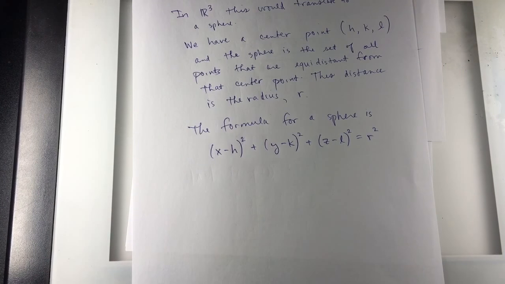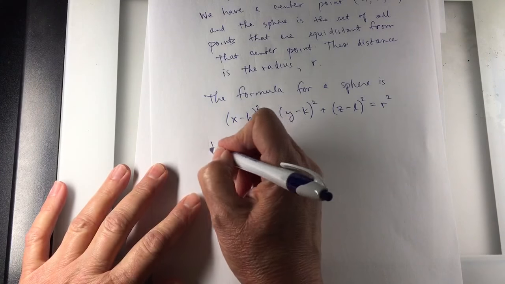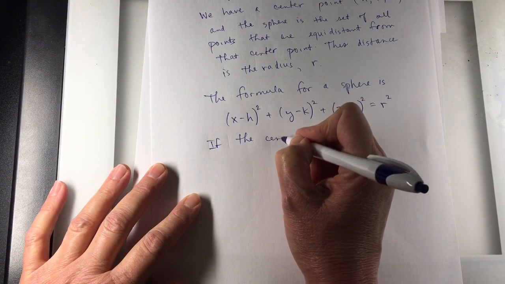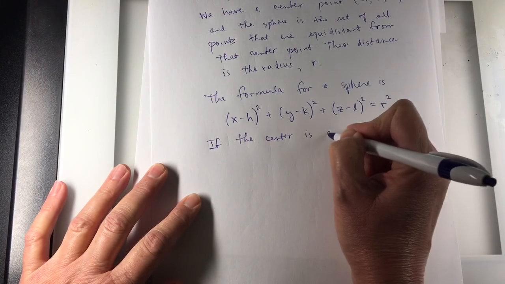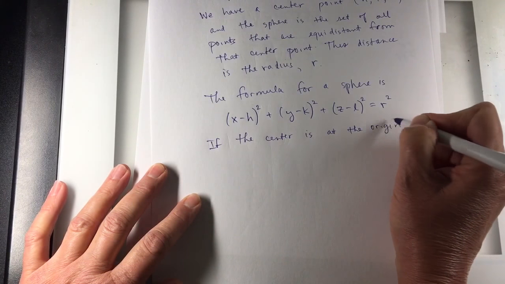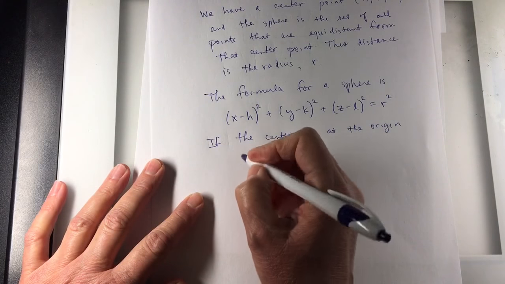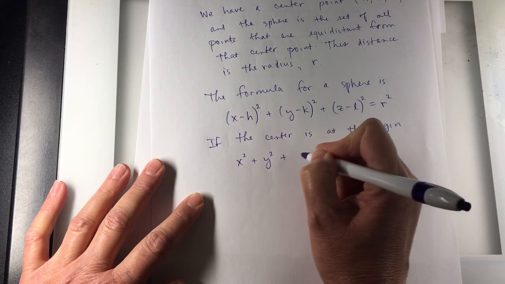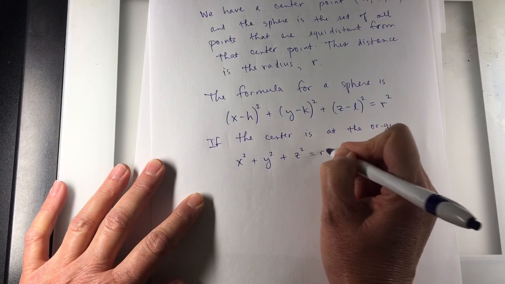And that is with the center, HKL, and radius r. And if the center is at the origin, that's what I meant by 0, by the way, x squared plus y squared plus z squared is r squared.